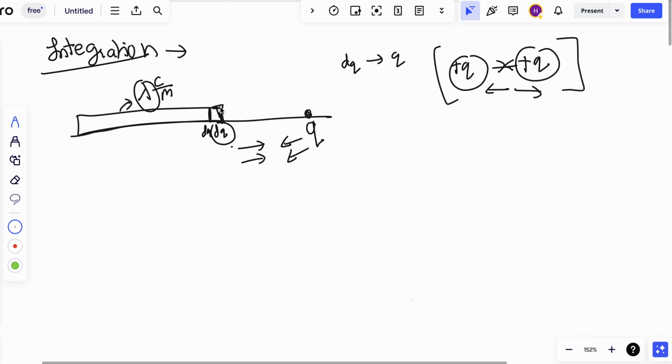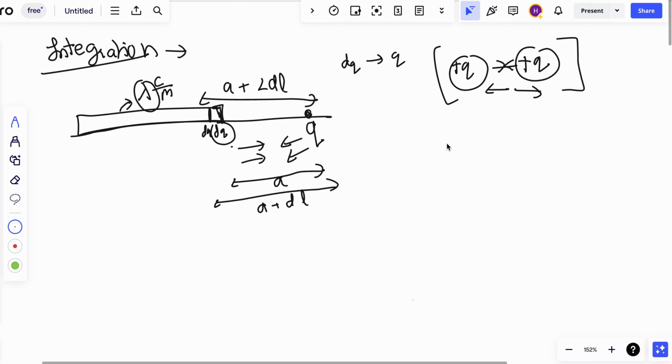Because the length is different, this is suppose a, this length is a plus dl, then this length will be a plus 2 dl. As the length increases, the attraction or repulsion force between them will go down. It is a function of length.